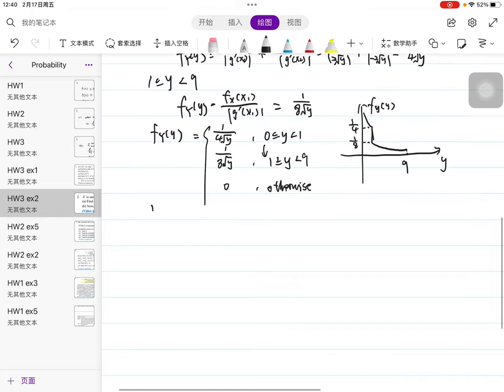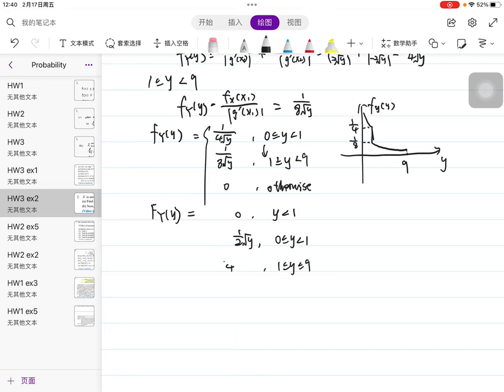Yes. For the probability distribution function, let me just write the result first, and I'll show you how to get this from the density function. That is from 0 to 1, and when y is between 1 and 9, it is this, and 1 after that.